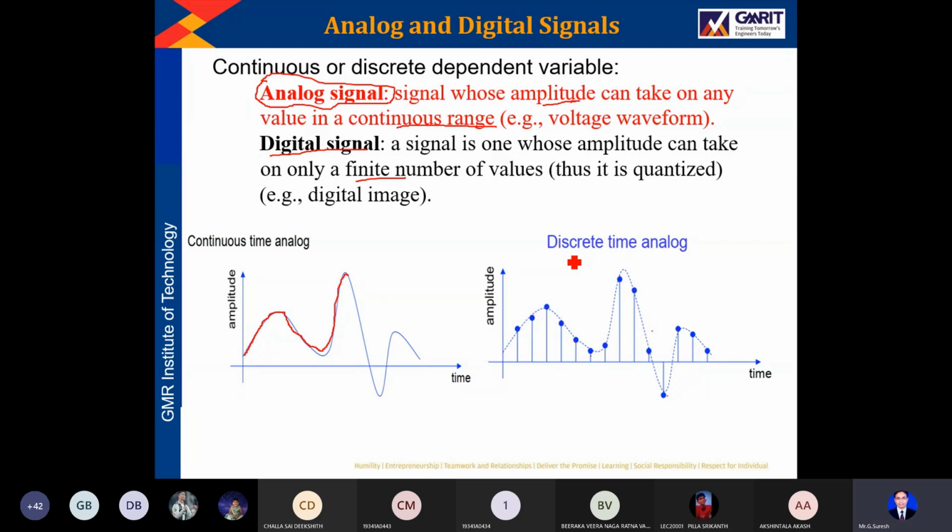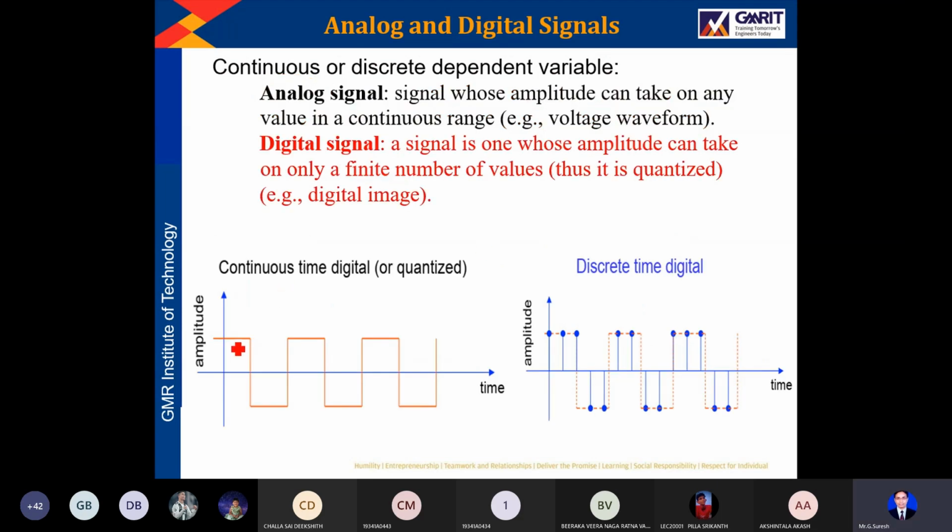Yes, if it is finite in number, and 2 in number, then it is called binary. Only 2 are there, or otherwise it is said to be a digital signal. Binary signal or digital signal.